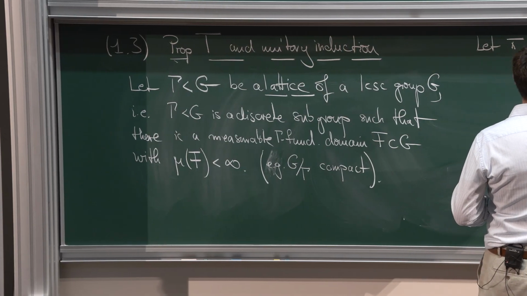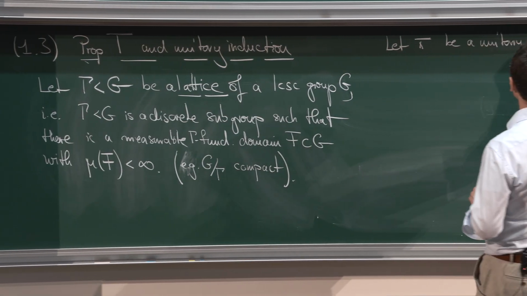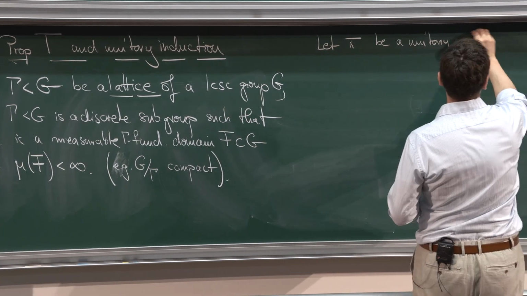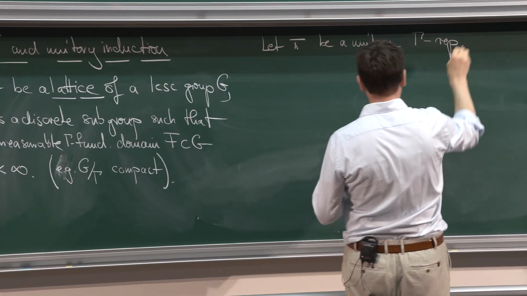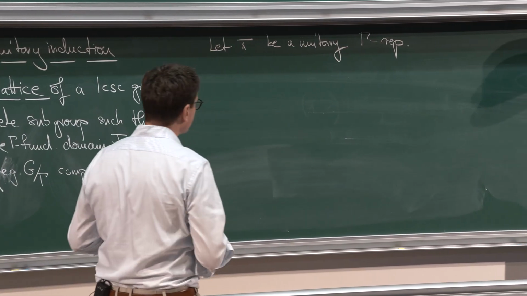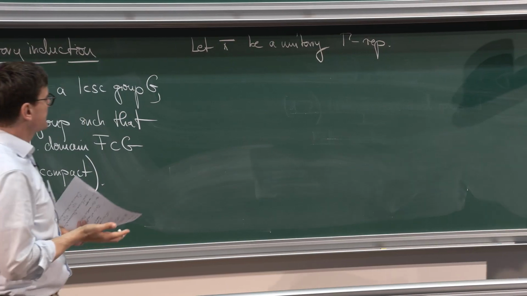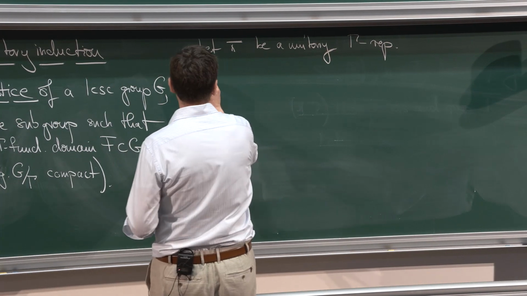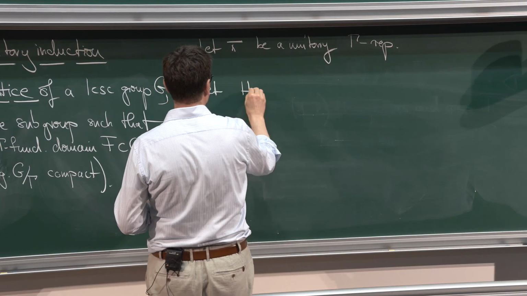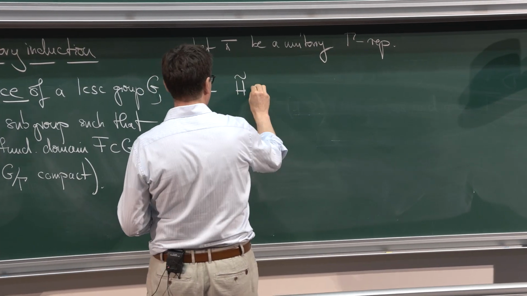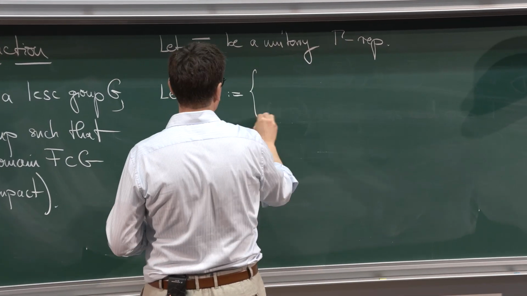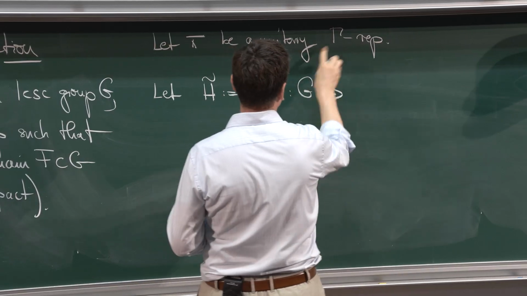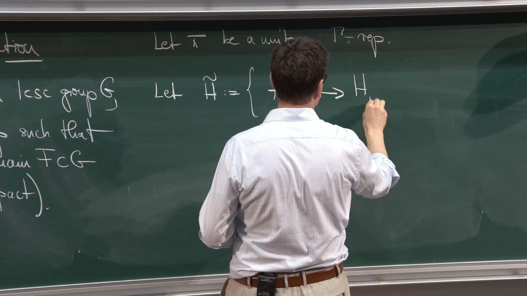So let's look at a unitary gamma representation. We want to build the Hilbert space of this induction to G. The Hilbert space will be a space of functions from G to the underlying Hilbert space of that representation.